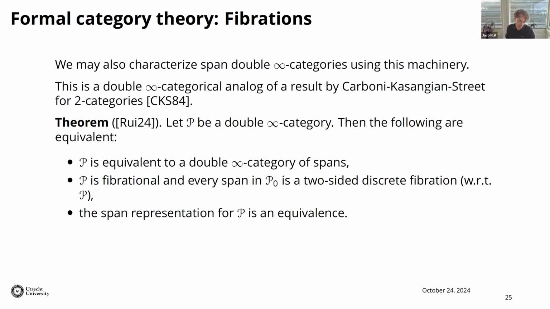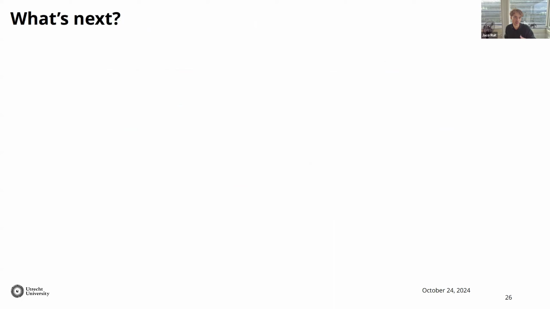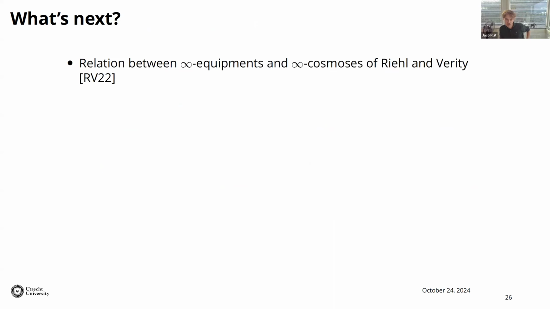So this concludes this talk more or less. I just want to say some things that you can do in the future. Now we've seen this theory of infinity equipments. You might wonder, how does this relate to the infinity cosmoses of Emily Riehl and Dominic Verity?